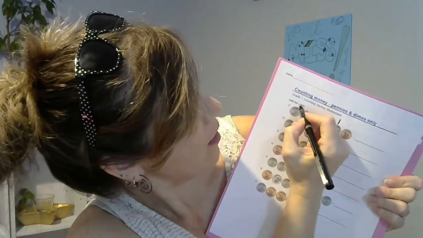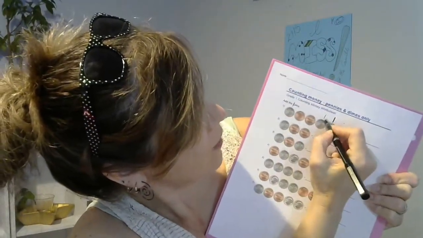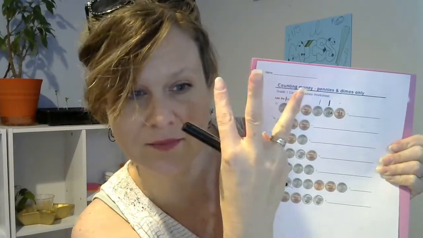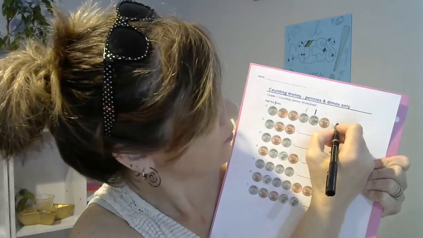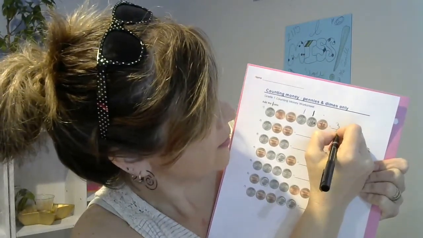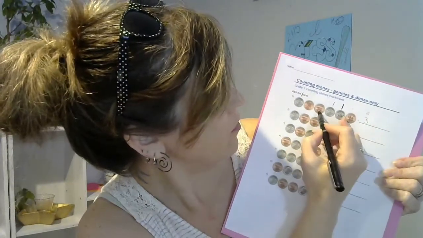I've got 1 10 here, and 1 10 here, and 1 10 here. How many tens is that? You guys have been working on this. That is 3 tens. So I'm going to write that down first. 3 tens, right? 3 quick tens. And then I'm going to find my units. Pennies are units. 1, 2, 3.